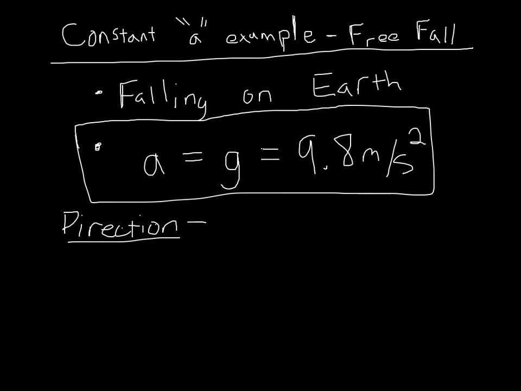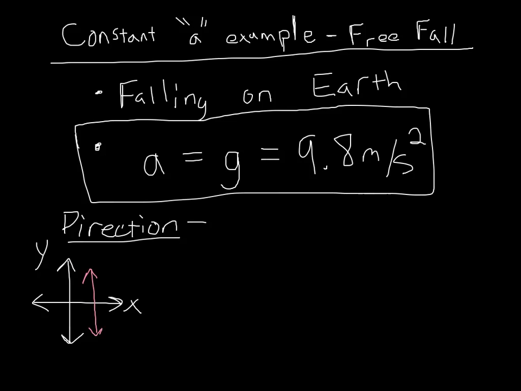There is one thing to note about the direction of freefall. Typically we have our coordinate axis, so I'll draw my coordinates in here. We have an x-axis, we have a y-axis. If I'm dropping something, what direction am I going in? I'm going up and down, not left and right. So the direction for the acceleration is usually in the y direction. We can use all of our equations, same as before, except we'll be moving in the y direction.